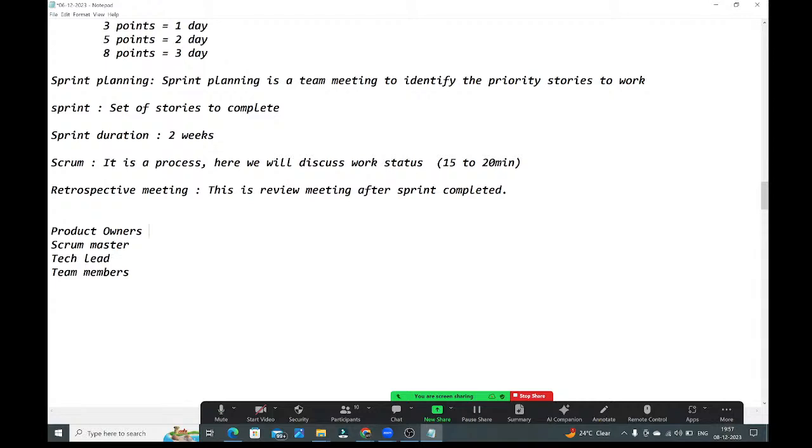The client will ask the product owner only, and the product owner is responsible to answer to the client. He is the responsible person to deliver all the 30 stories available in the first sprint.